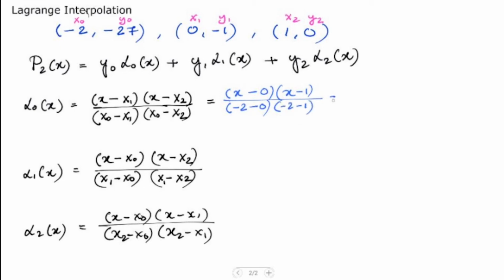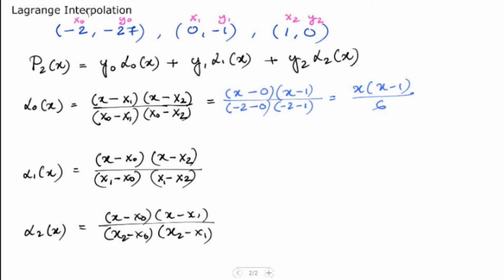So we have x minus 0 is x, times x minus 1, divided by minus 2 minus 0 is minus 2, times minus 2 minus 1 is minus 3. So minus 2 times minus 3 would be plus 6. I would just leave it like this rather than opening the bracket, because that would make it more confusing when you write down the polynomial.